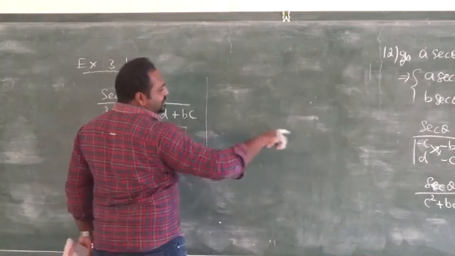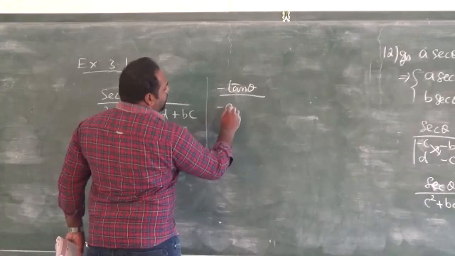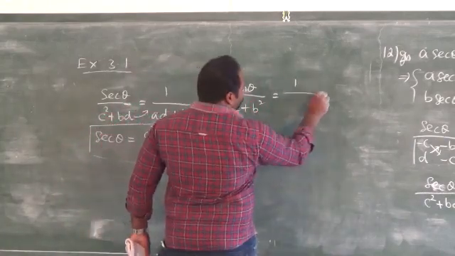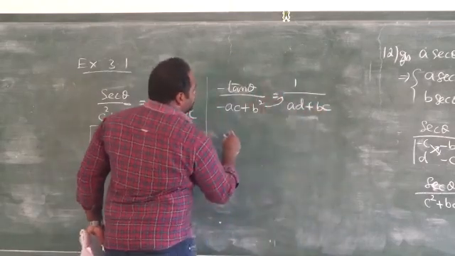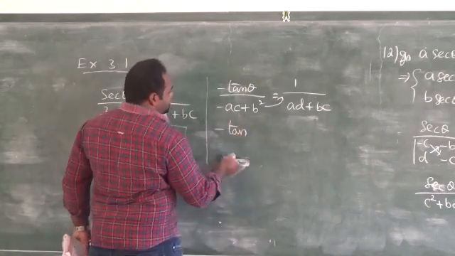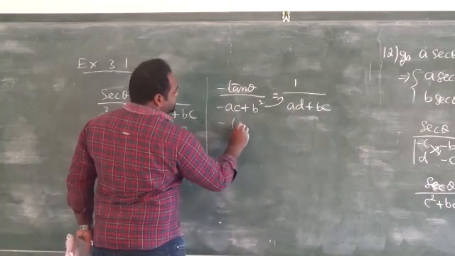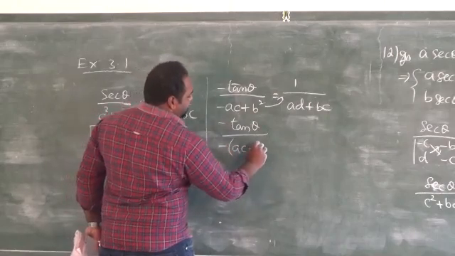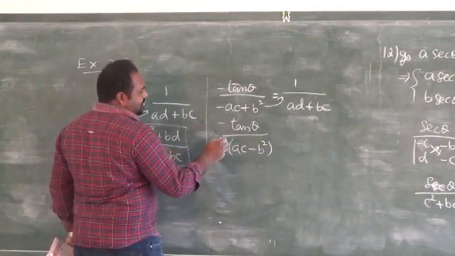Next two terms: minus tan theta by minus AC plus B square equal to 1 by AD plus BC. Cross multiply. So here itself you can cancel the minus. Before bringing this denominator, minus tan theta equal to, if you take minus commonly outside, AC minus B square, because we have to cancel this minus sign.